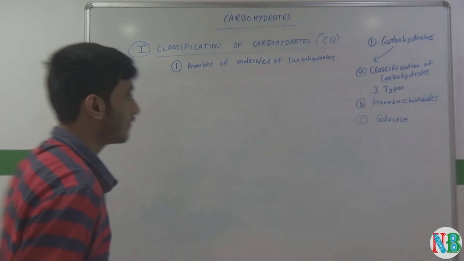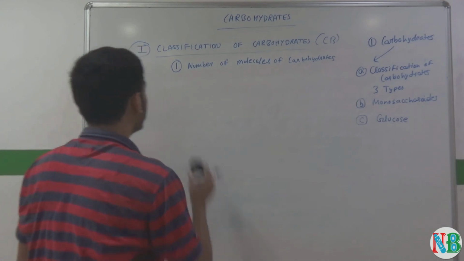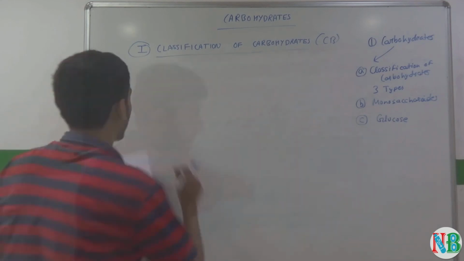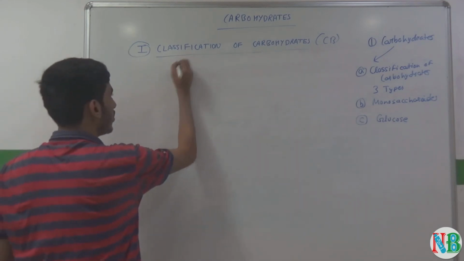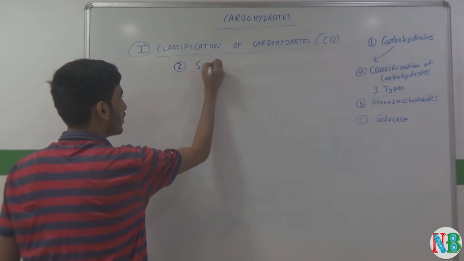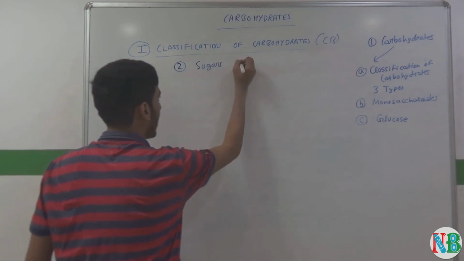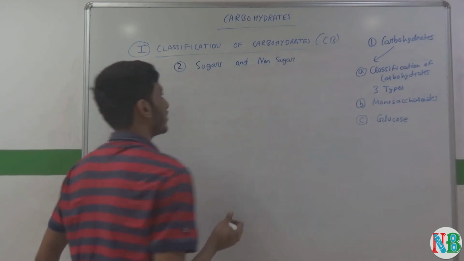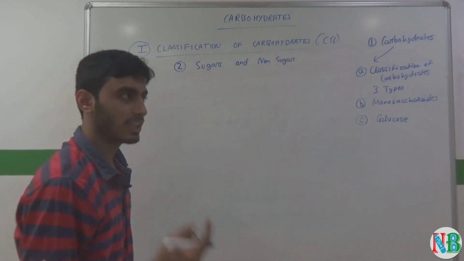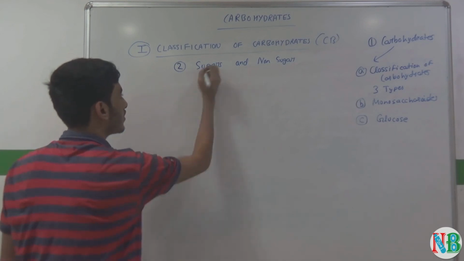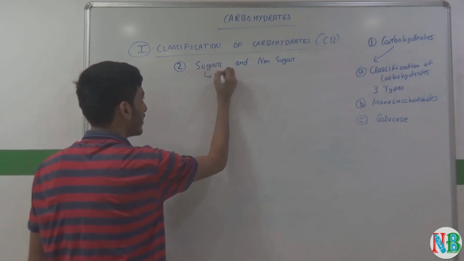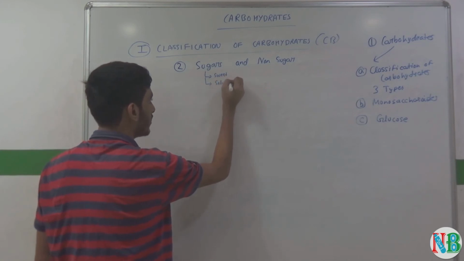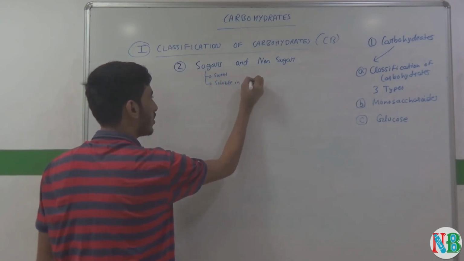Now after this, the second type of classification of carbohydrates is based on sugars and non-sugars. We know sugars are sweet in taste and soluble in water.